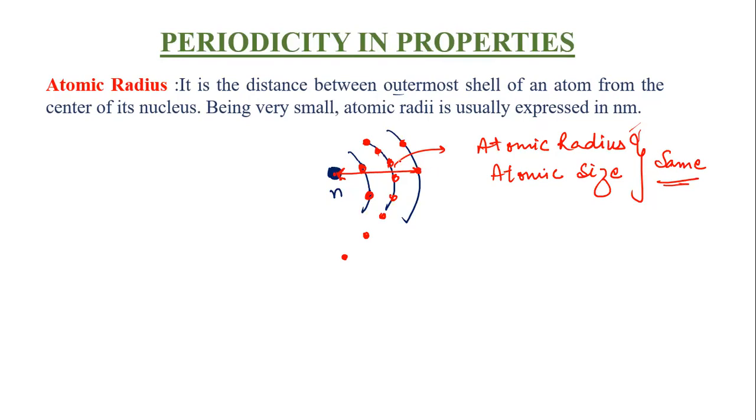This shell becomes a little bit closer. Suppose you are pulling something: if you apply more force, it will come close to you. So if the force of attraction is more, things are close to us, which means this radius is short. This radius will become small.